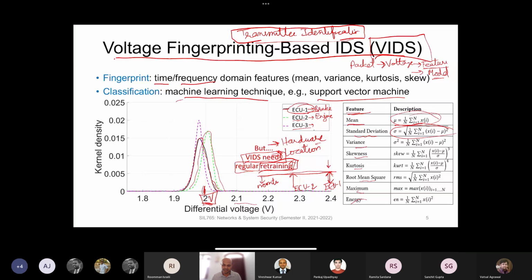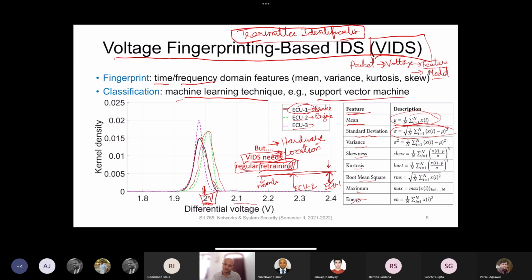If the car gets heated after running for some time, these features change slightly because the hardware gets heated up. If you are starting the car, the features might be slightly different, and after the car runs for a few seconds, the features stabilize.